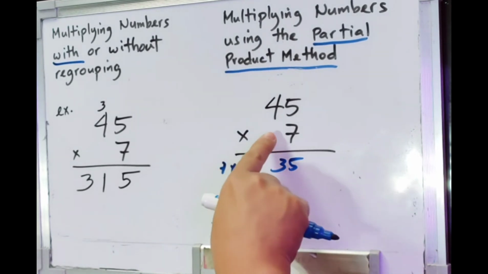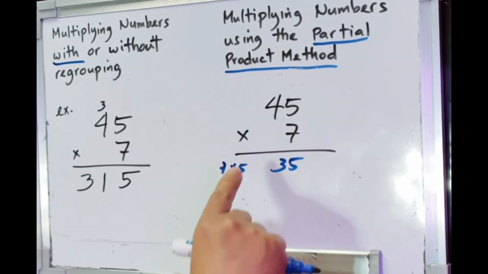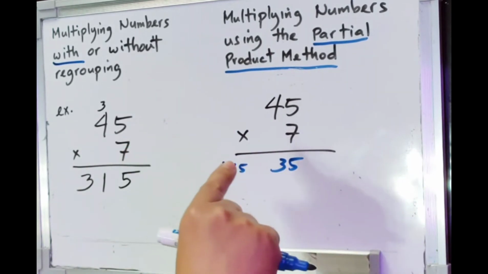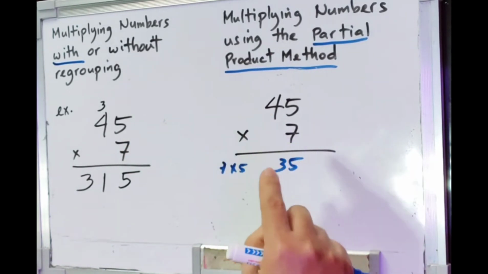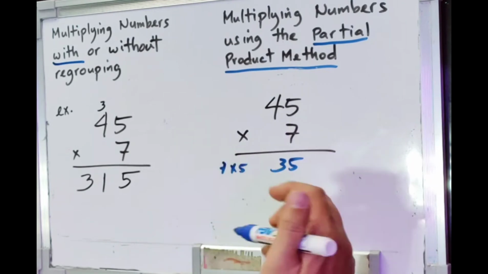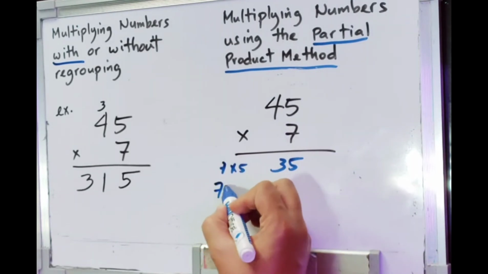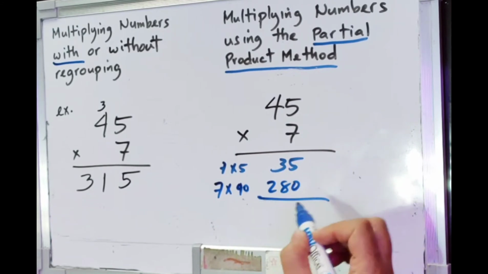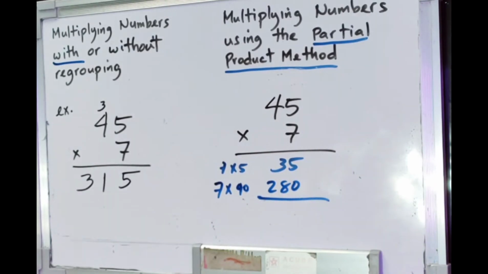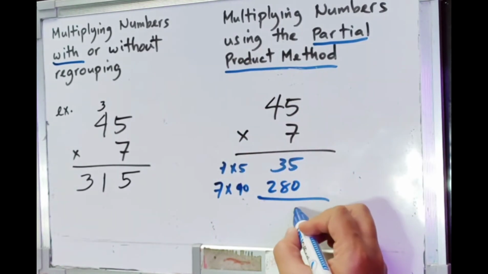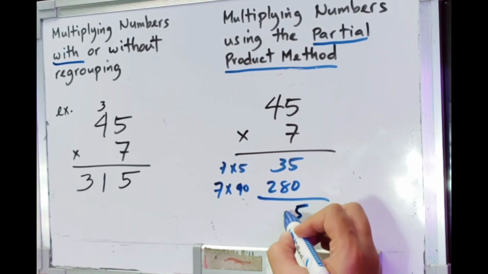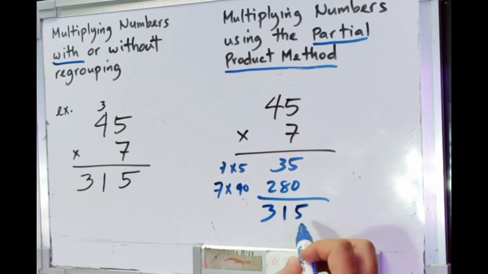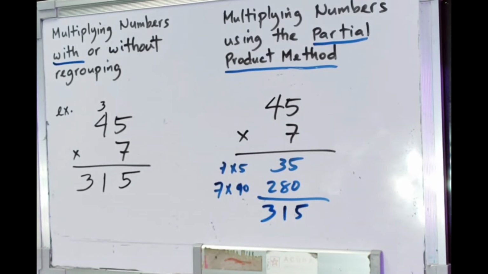But when we multiply 7 and 4, consider 4 as 40 because 4 is in the tens place. So 7 times 40, that's 280. So this is the first partial product, this is the second partial product, and we add the partial products, we get 315 as well.